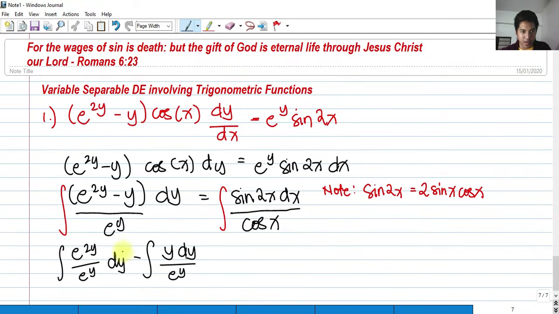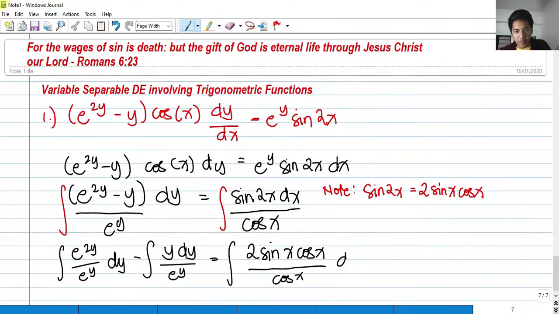So this is still equal to this, and that is equal to the integral of sine 2x, which is now 2 sine of x cosine of x divided by cosine of x, we have dx here. And as you can see, the cosine of x would actually cancel. So this would cancel, and then we proceed with the integration.